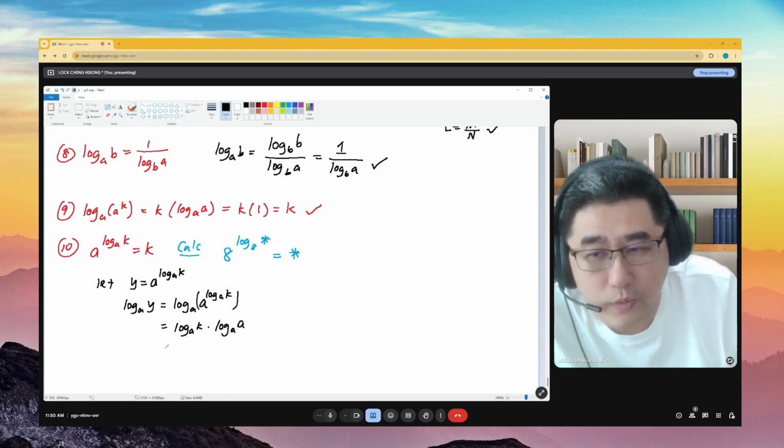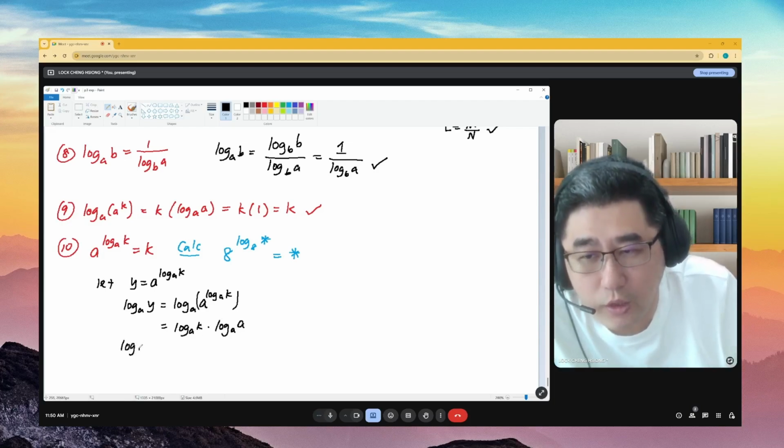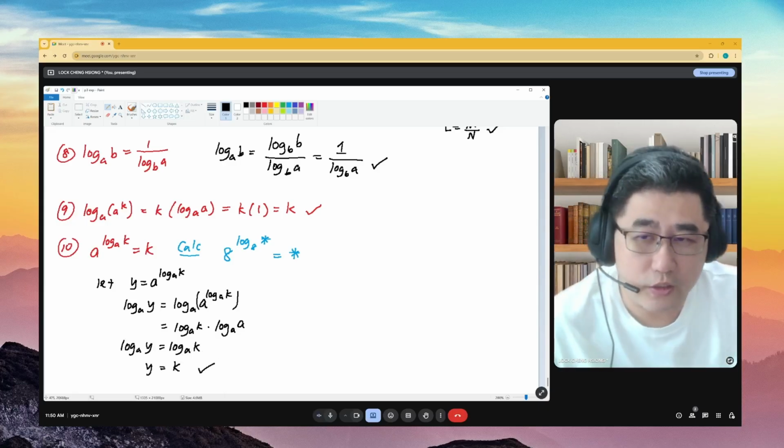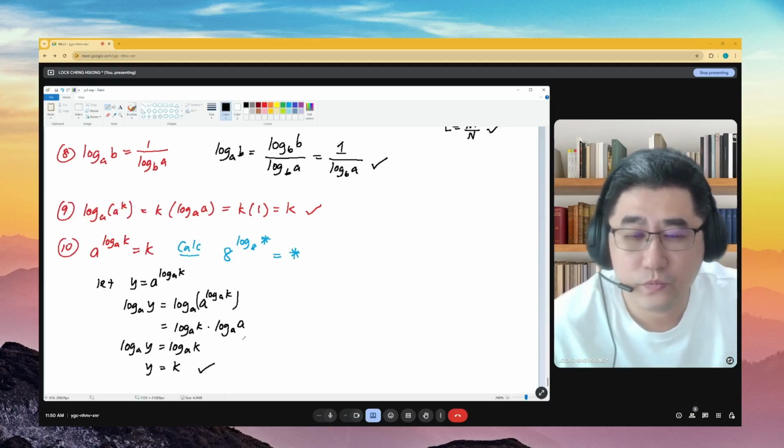And log AA is 1. Therefore, you have log AY equals log AK. Remove the log A and the log A, and you see that Y is equal to K. You'll see that the rule is true.